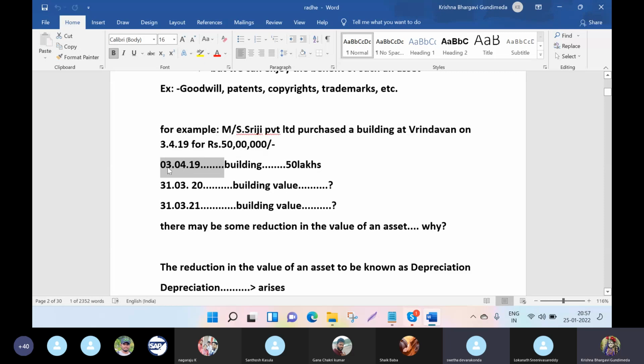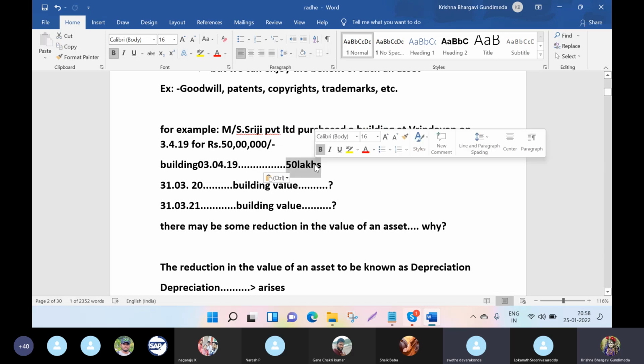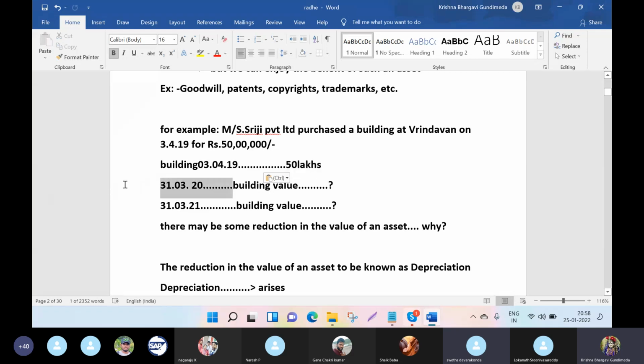So on 3rd April 2019, the building was purchased for 50 lakhs. What will be the value of the building as on that date, that means 31st March 2020?